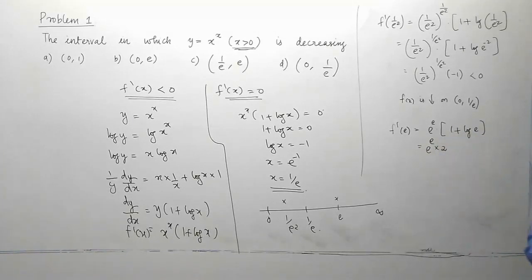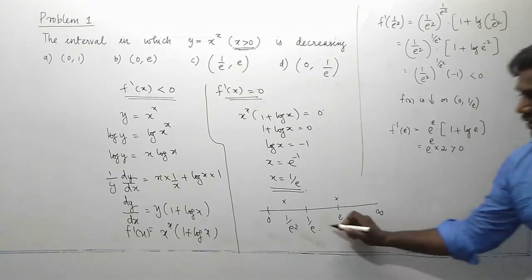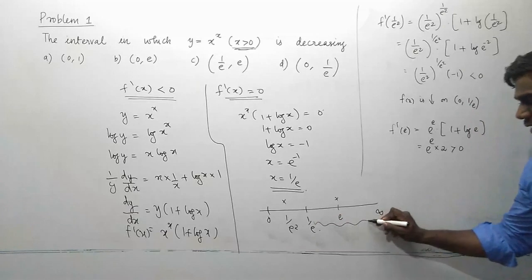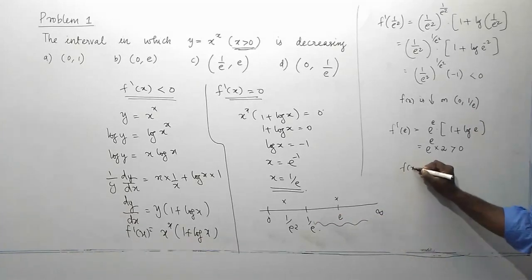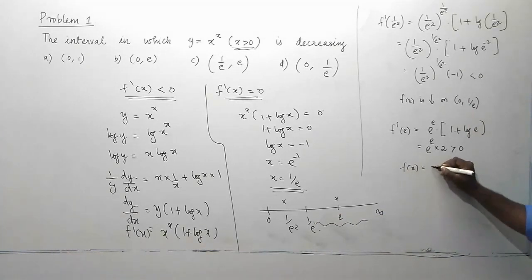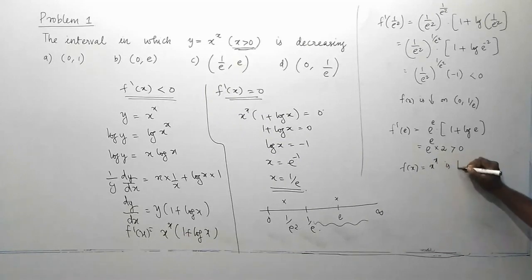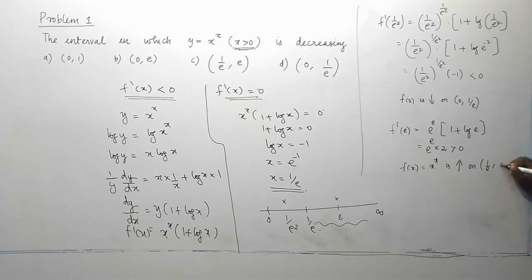Since e raised to e is a positive number, this is greater than 0. Since this is greater than 0, f of x is increasing on (1 by e, infinity).